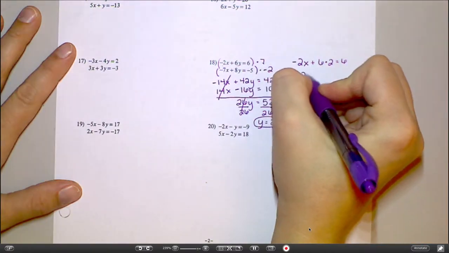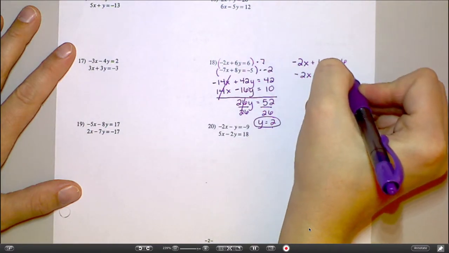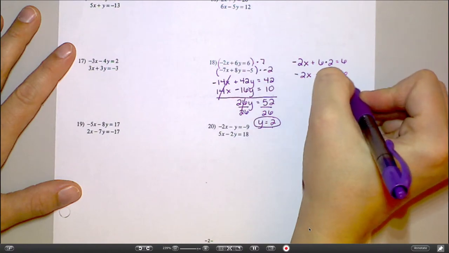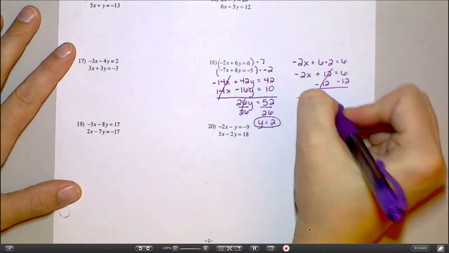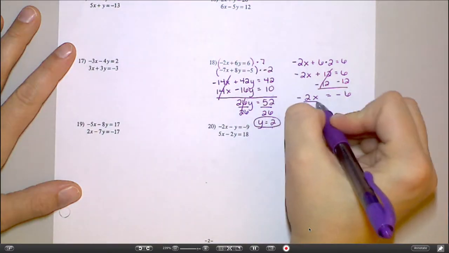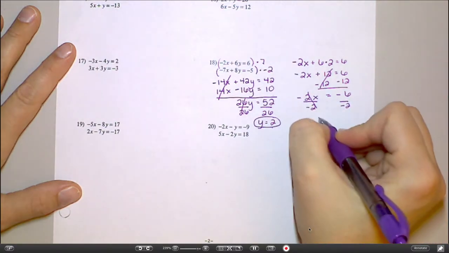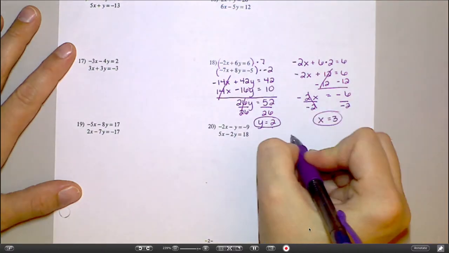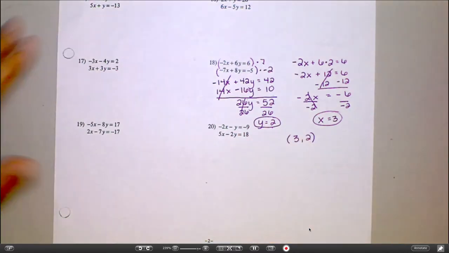So negative 2x plus 12 equals 6. Subtract 12. I end up with negative 2x equals negative 6. Divide by negative 2. And x equals 3. So then my final coordinate would be 3, 2.